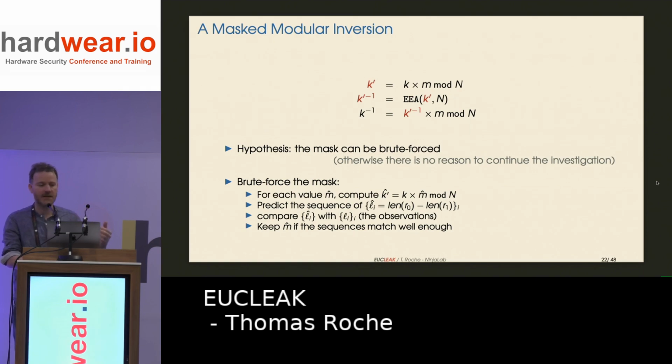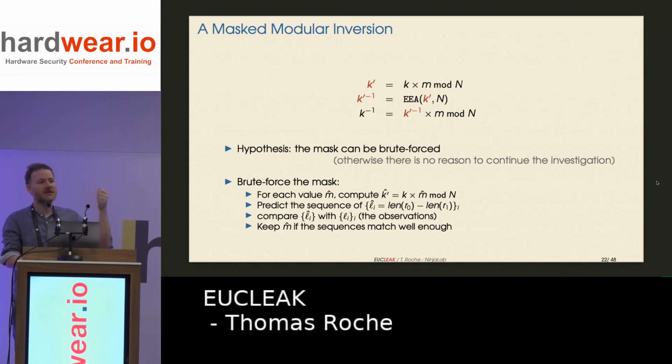So what he did is take the first 10 traces we had, extracted the information we could, the length difference for each iteration. And for each of them, we knew the scalar, the nonce K. We brute forced the 2 to the power 32 masks for each of them.